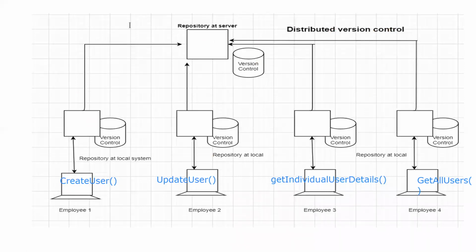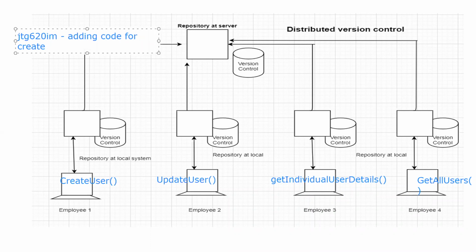If create user is adding anything, one ID will get generated, and it will look something like 6101IM. Some ID will get generated, and along with that, this user will add a message like create user, adding code for create user. This is how one ID got generated.